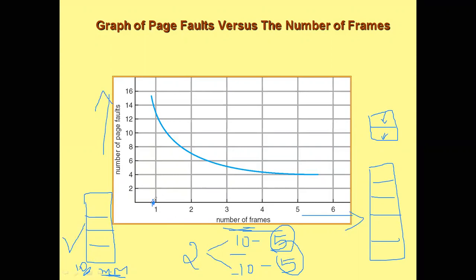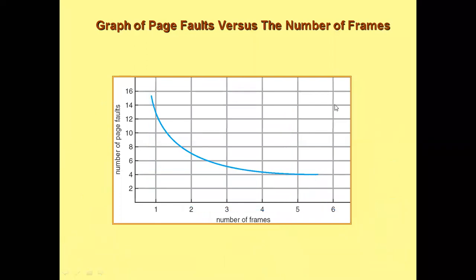So if you have fewer frames, then the number of page faults increases. As you increase the number of frames, the number of page faults decreases. So increasing the number of frames means you are giving more scope for multi-programming. That is, if you increase the number of page frames, then the number of page faults will drastically reduce. Okay, so that is the concept.